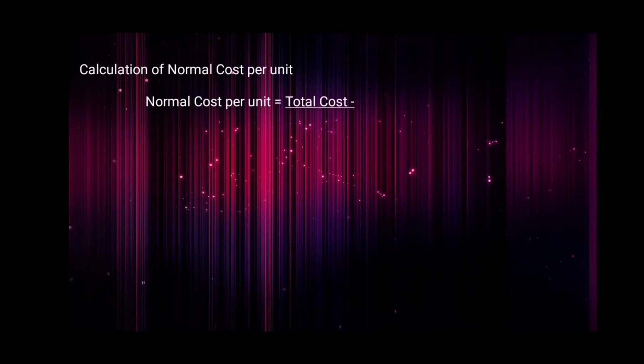So let us start calculation of normal cost per unit. So normal cost per unit is equal to total cost minus normal loss amount divided by total quantity minus normal loss quantity. So let us prepare working note number 1.